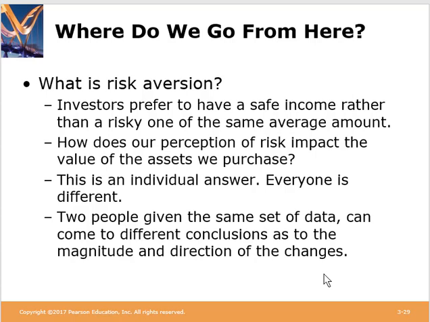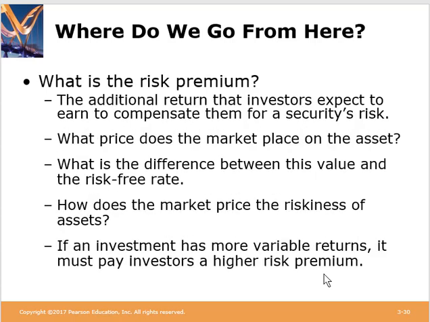Two people given the exact same set of data can come to two conclusions as to the magnitude and the direction of the changes in that asset. So in the end, we have to come up with a number, if you will, to calculate what is the risk premium. Again, it's the additional return that you expect to get for buying a security's risk.